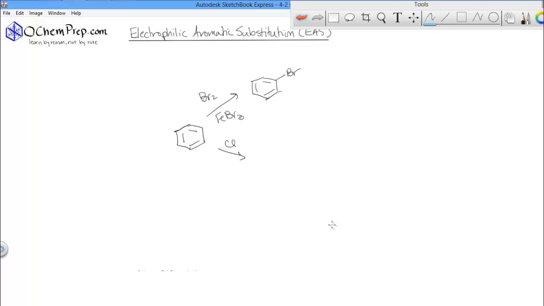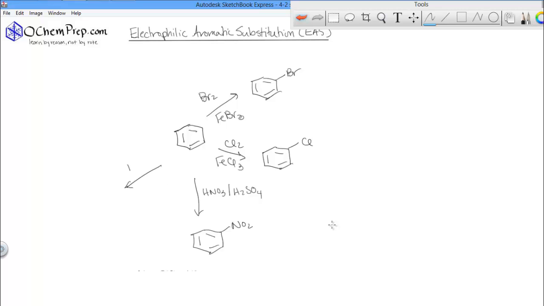Correspondingly, we can add a chlorine atom with chlorine and FeCl3 to make chlorobenzene. Now, if I take, this is sort of nasty, concentrated nitric acid in H2SO4, both of which are concentrated, I am going to add a nitro group to the ring. So I make nitrobenzene. This is important for explosives.